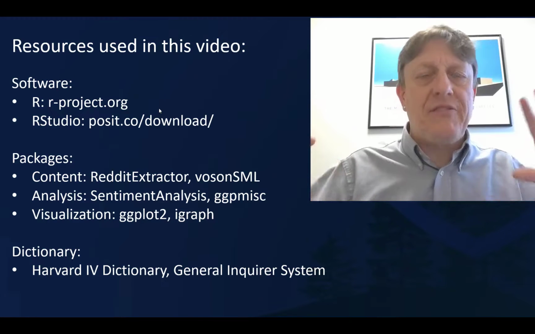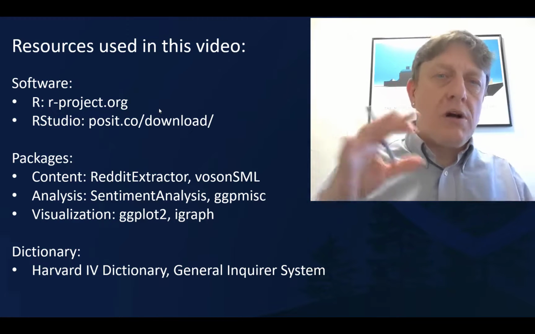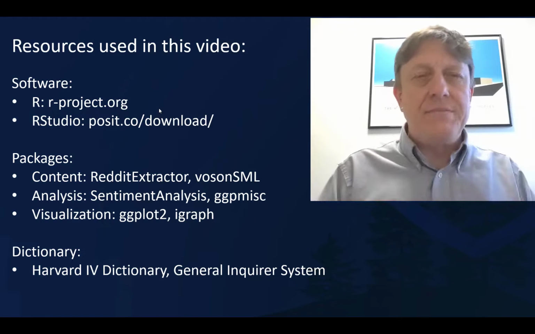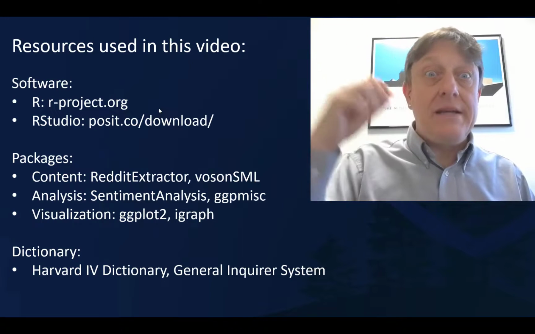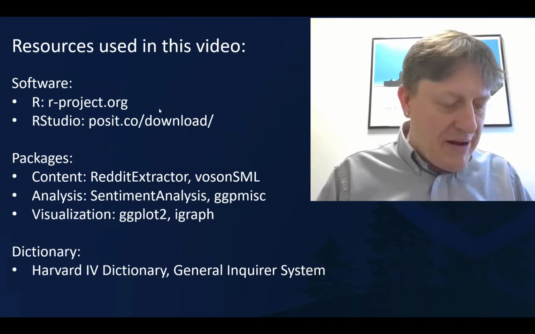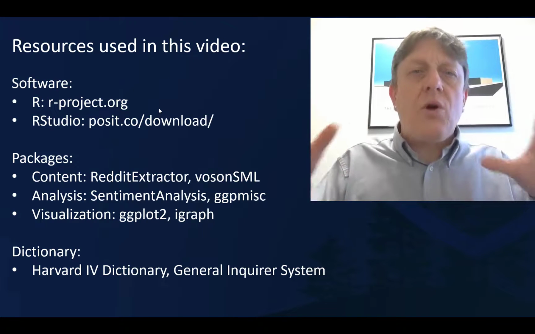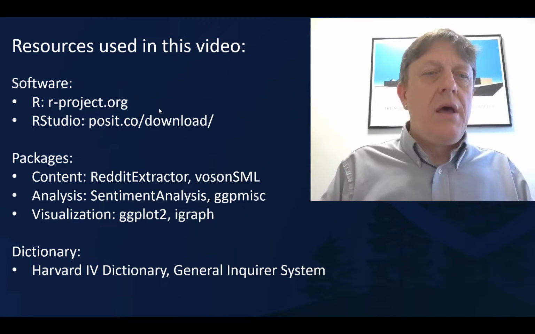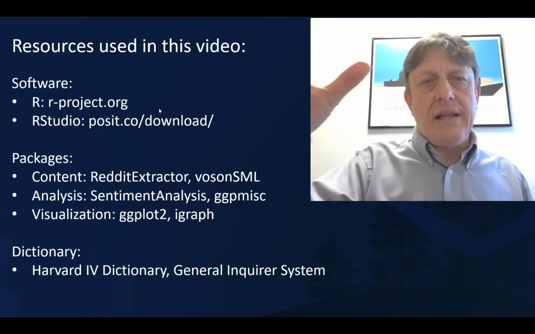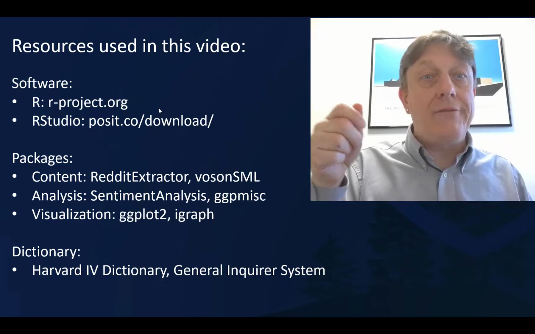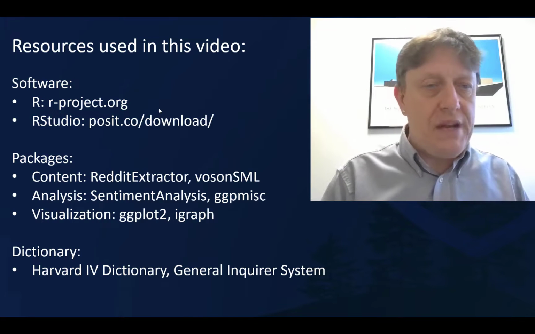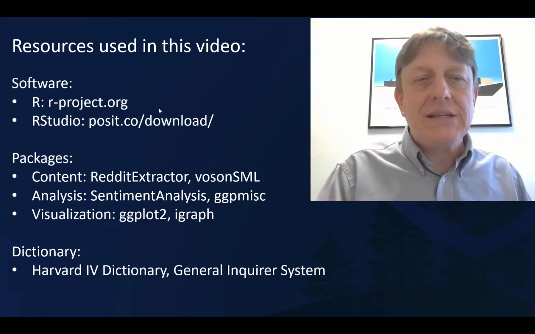The IDE provides a consistent experience across all platforms, and it offers some nice debugging tips, hints that are color-coded about errors and things like that. And then we're going to use some packages that allow us to extract content from different places in social media, so that we can get that text.